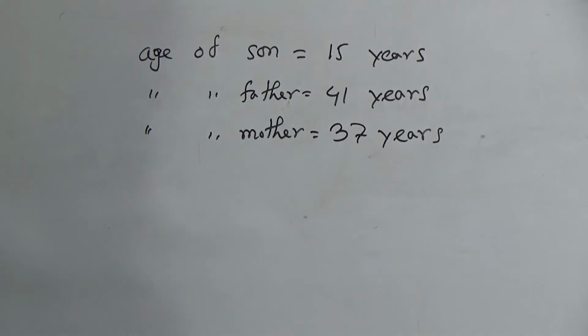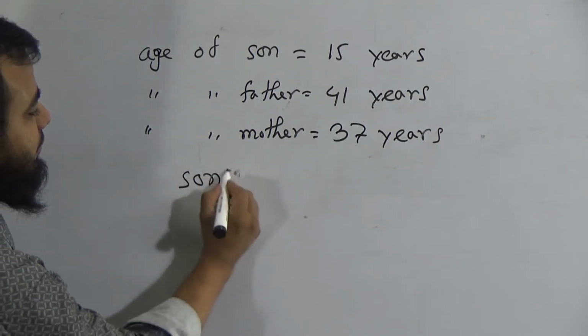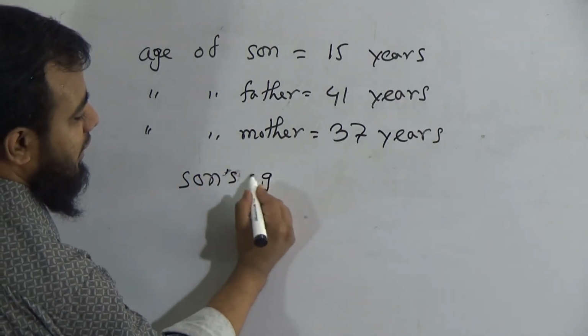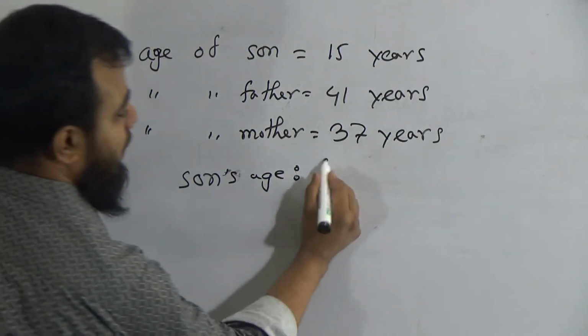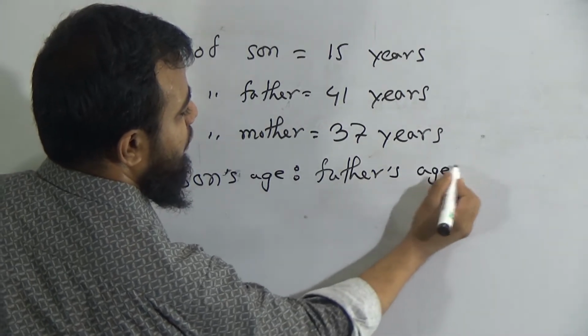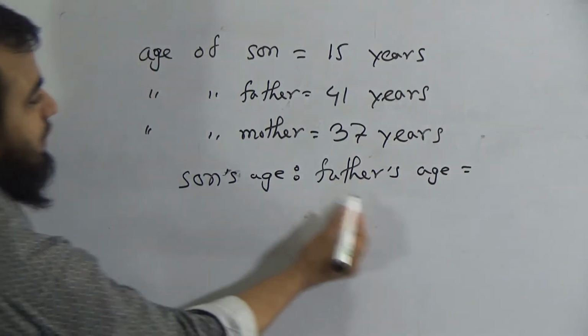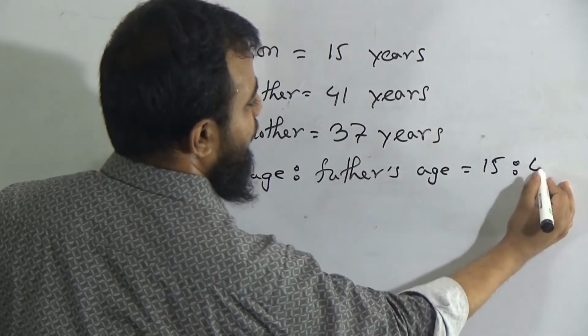Now we can get the ratio of the son's age to the father's age. What will be our ratio? Son's age 15 is to father's age 41.